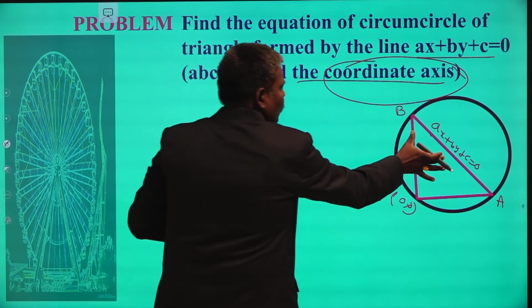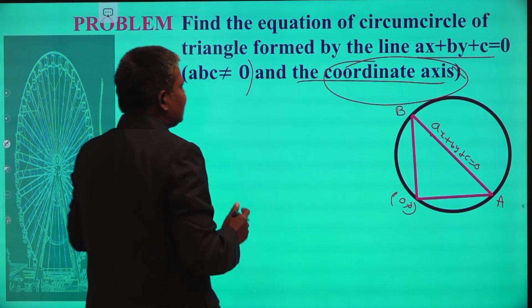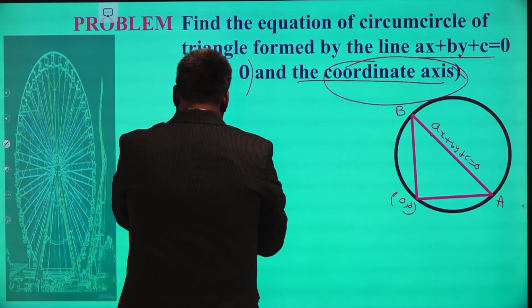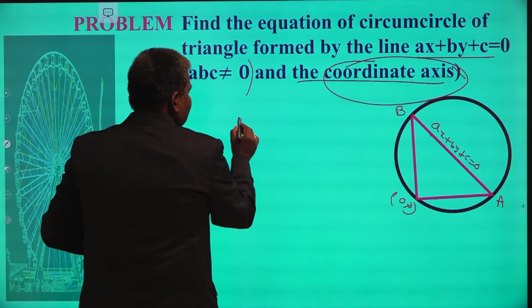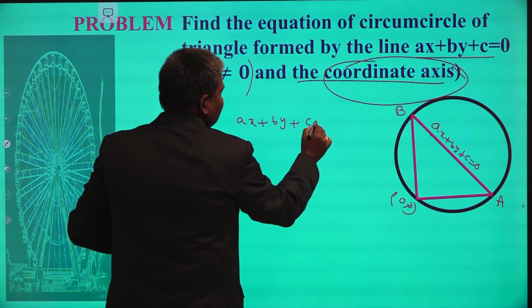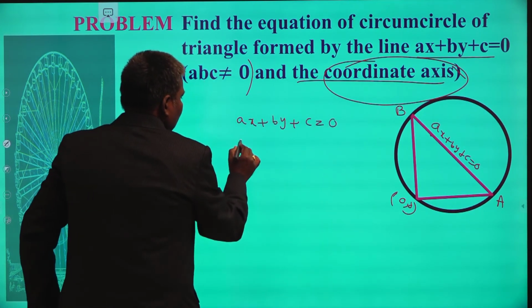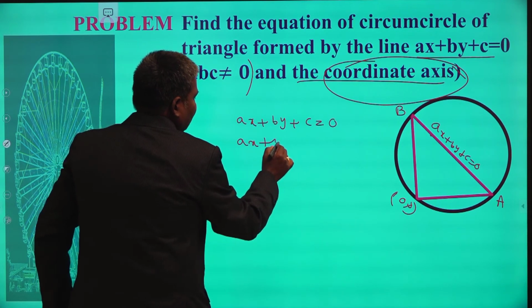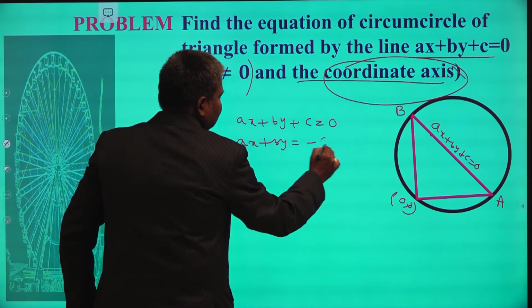First of all, we write this equation in the intercept form. What is that intercept form? Your line is what? Ax plus by plus c is equal to 0. So ax plus by is what now? Minus c.